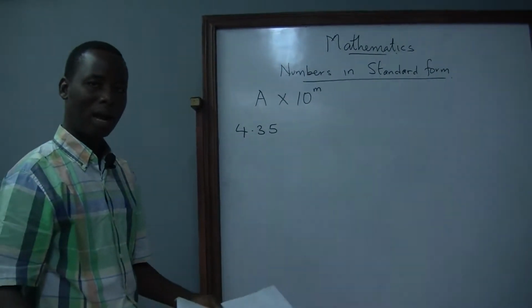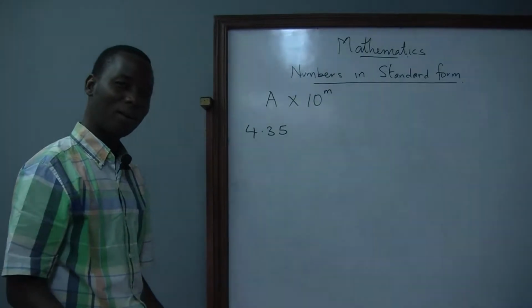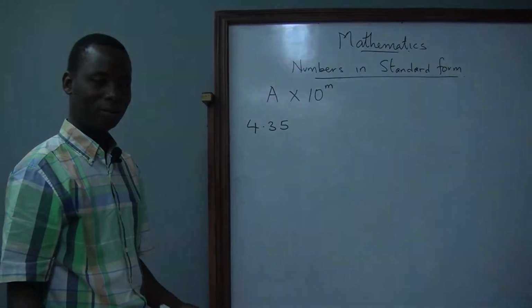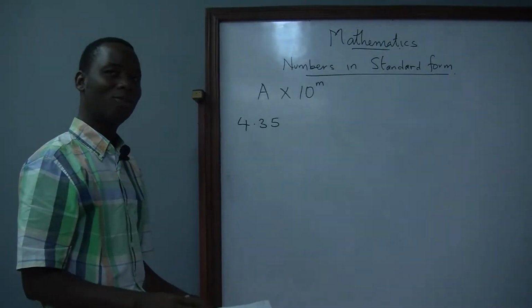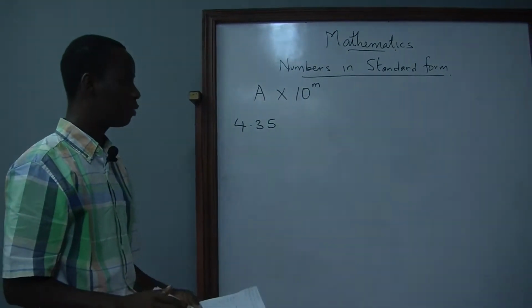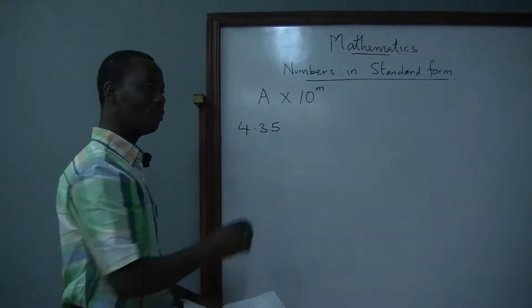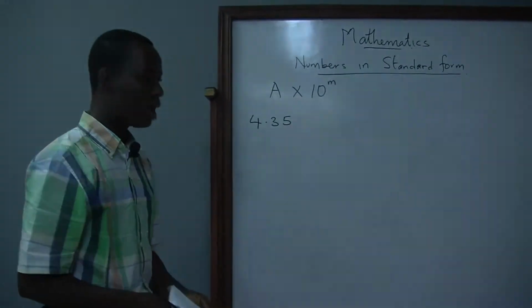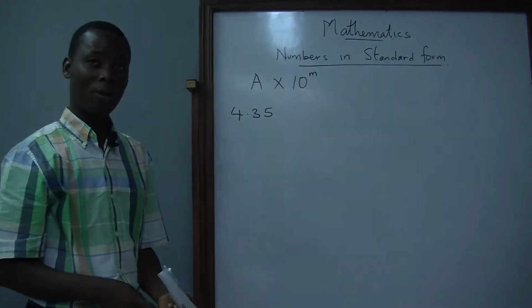How many places will that decimal point be moving to actually have a number greater than 1 but less than 10? If we look at this number carefully, we'll discover that this number is between the range that we have specified for our A. That is, it's greater than 1 and less than 10. That actually is telling us that this decimal point is not moving anywhere.